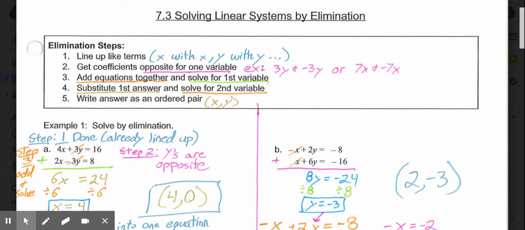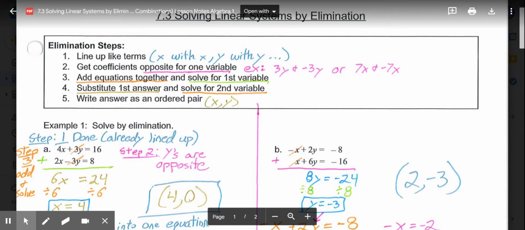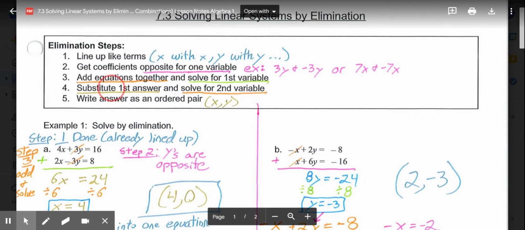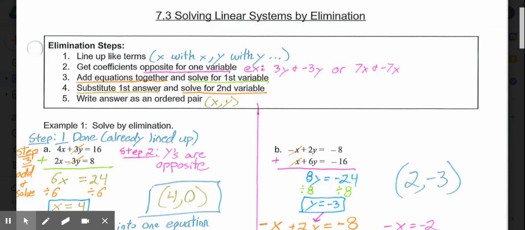Once one of the variables are opposite, we can add the two equations together, and that allows us to solve for one variable. Once we've solved for one variable, we substitute that answer back into one of the two original equations and solve for the second variable.